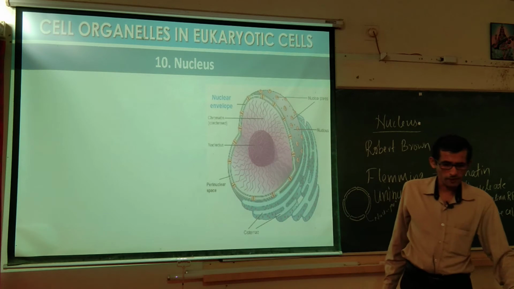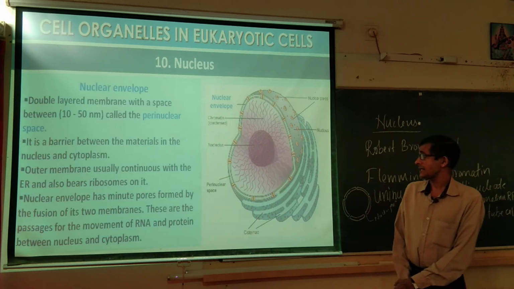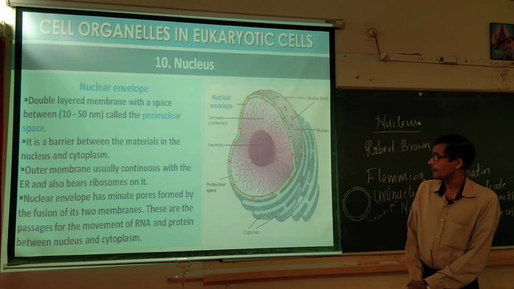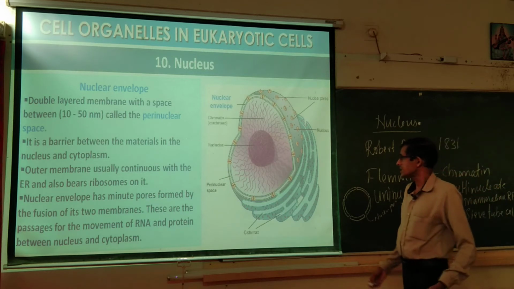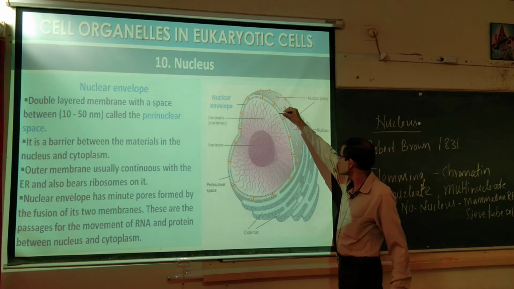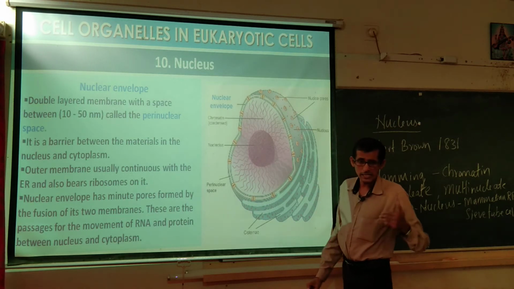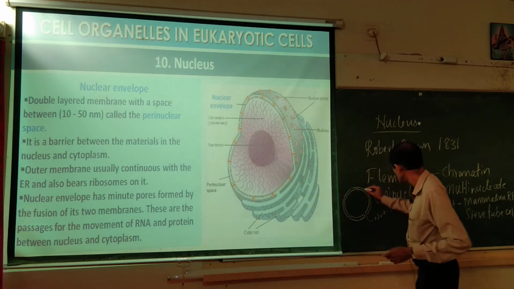Next, taking one character at a time: the nuclear envelope is a double layered membrane with a space of 10 to 50 nanometer called the perinuclear space. See here, the outer nuclear membrane, next the inner nuclear membrane. Between the outer and inner membrane, we can observe the perinuclear space.